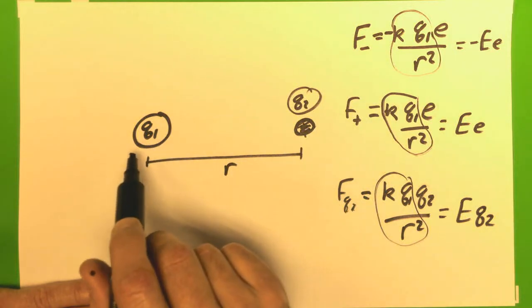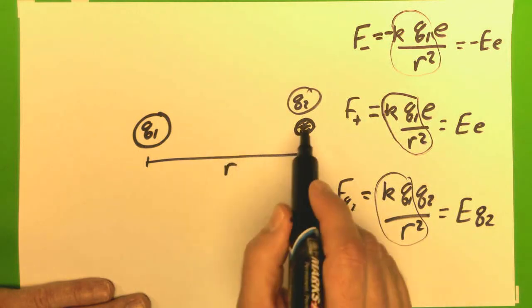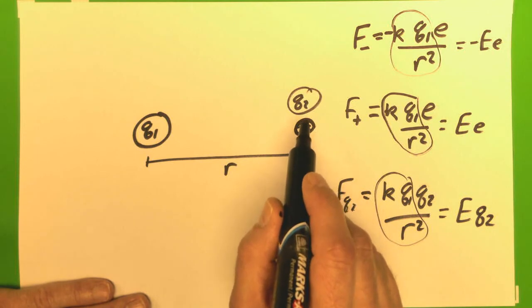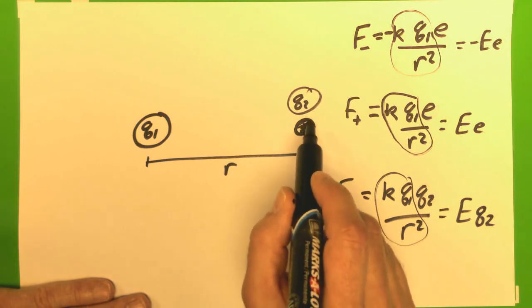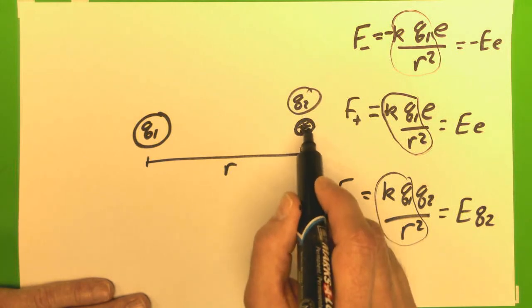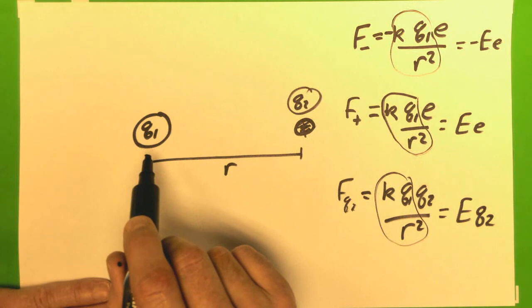And so there are gravitational fields. Whether or not there's an astronaut sitting at this point in space, there is still a gravitational field there that can pull on an object that's placed there. So the same thing is true with charges.